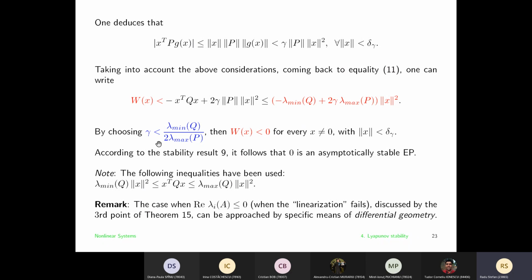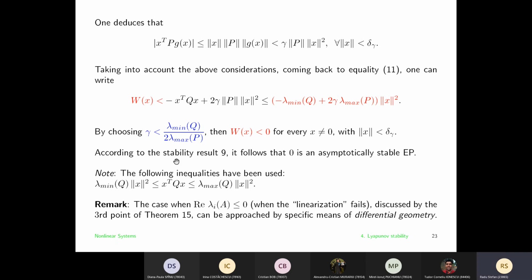No, it doesn't matter. Gamma will be chosen as small as it comes out, and for this gamma, we guarantee that W is negative. And we are done. We are absolutely done.